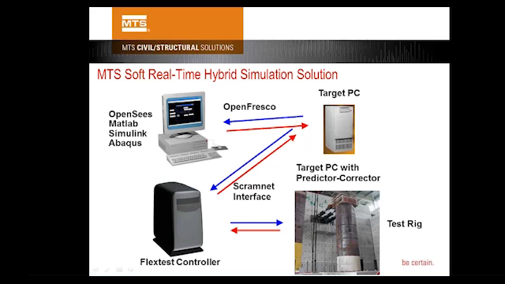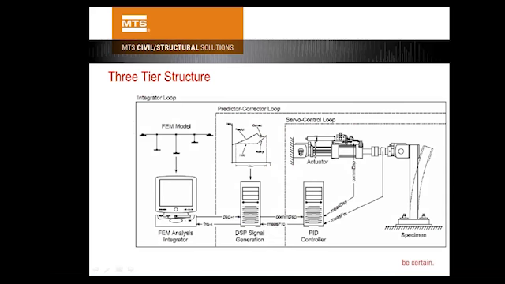So this is the predictor corrector in the middle. On one side is the real-time test system with our controller. The closed loop rate is about 1,000 per second. And on the other side, there's this non-real-time analysis model, and it runs at its own step size.